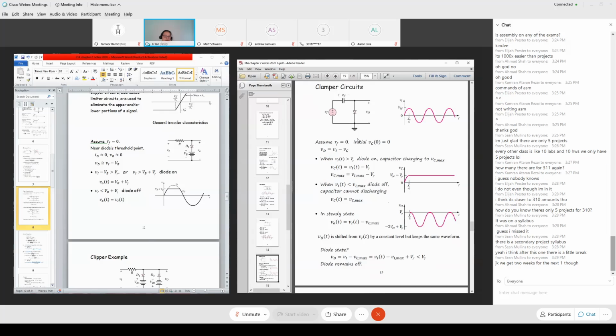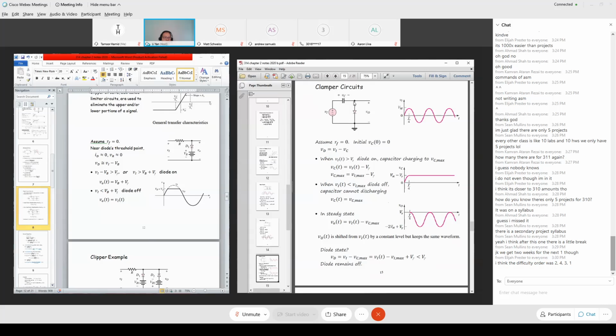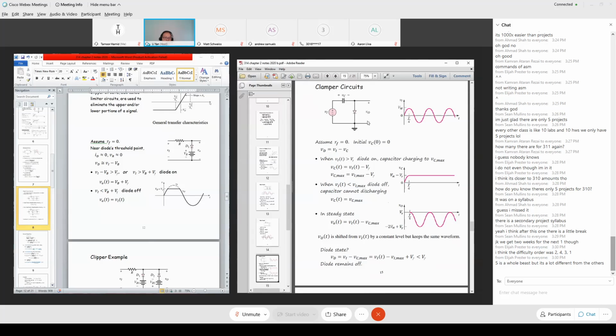Okay. In the steady state, what's the state of the diode? To answer that, I have to go back and determine the diode voltage. The diode voltage equals the input voltage subtracted by the capacitor voltage, which in this case equals the output voltage.